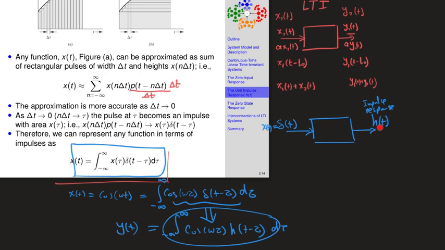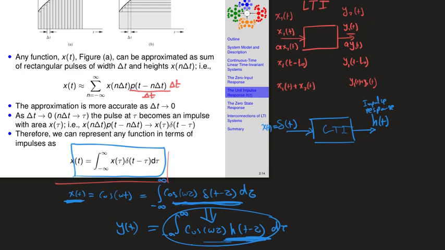That's information that I was able either to measure in the lab or calculate somehow. It's a characteristic of this system, and my system is linear time invariant, don't forget that. Then again, because I can represent any function as an integration of scaled and shifted deltas, the output becomes an integration of scaled and shifted impulse responses.